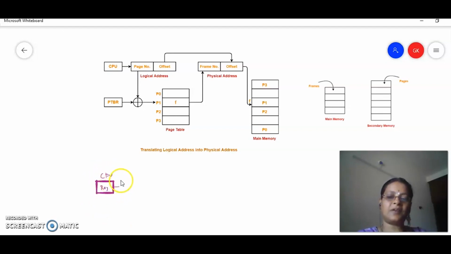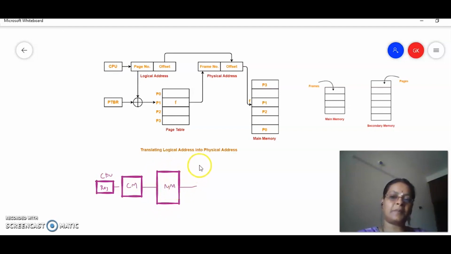The next level of memory is cache memory, which can be level 1 cache, level 2 cache, level 3 cache. Then the next level is the main memory, which is huge in size compared to cache memory. Then the next level is the secondary memory, which is still much larger than the main memory. And after the secondary memory, we also have the concept of virtual memory. So this is the overall hierarchy of the memory.